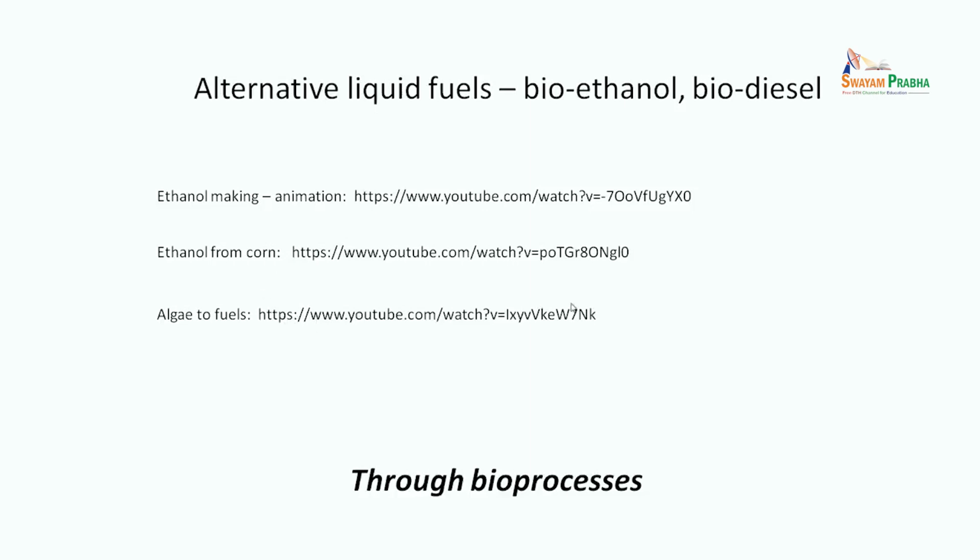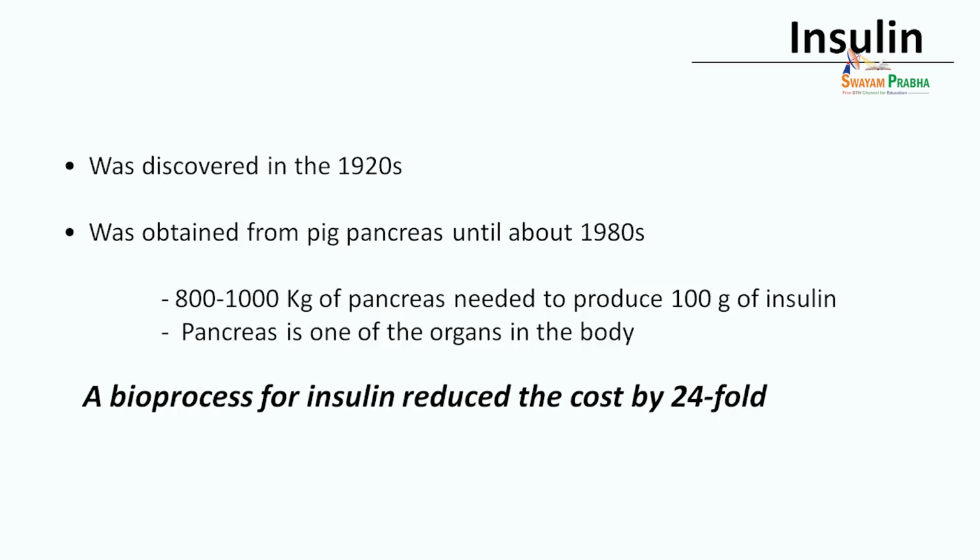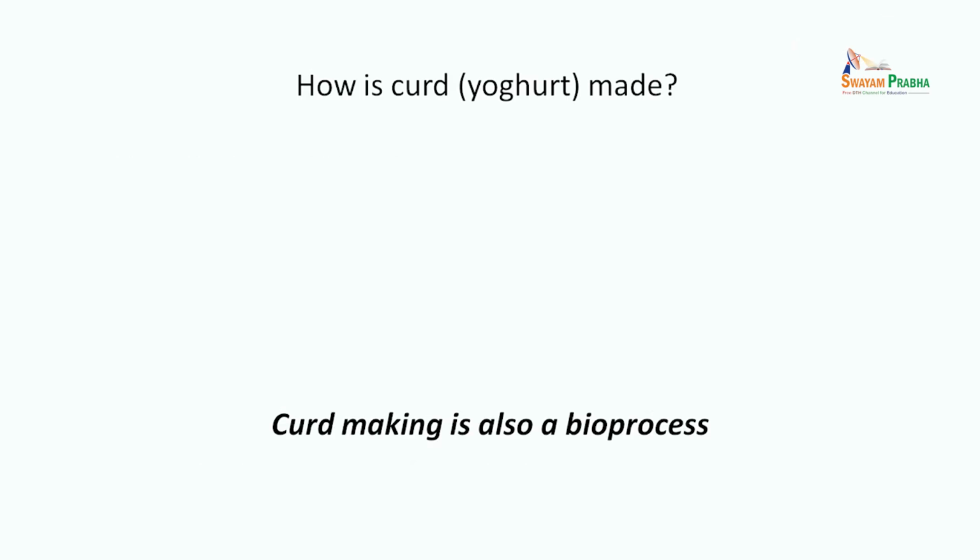I hope you have seen them, they are interesting videos. Then we looked at insulin, which is a classic drug, in fact one of the first new ones to be produced large scale using bioprocesses. And finally, we looked at curd making and said curd making is also a bioprocess.